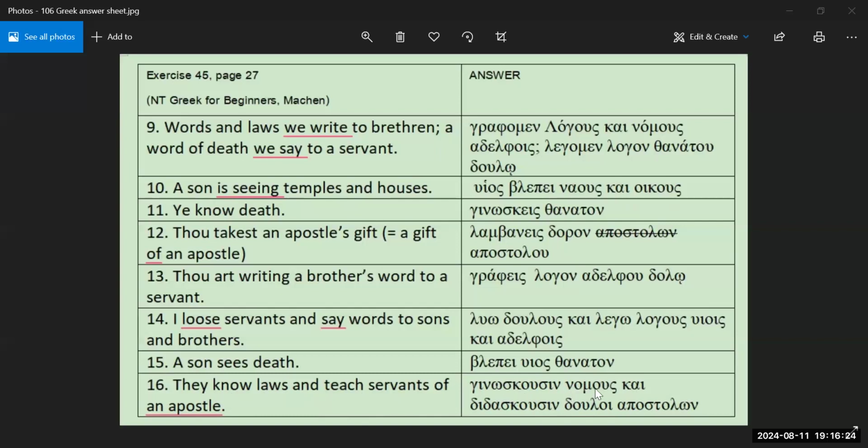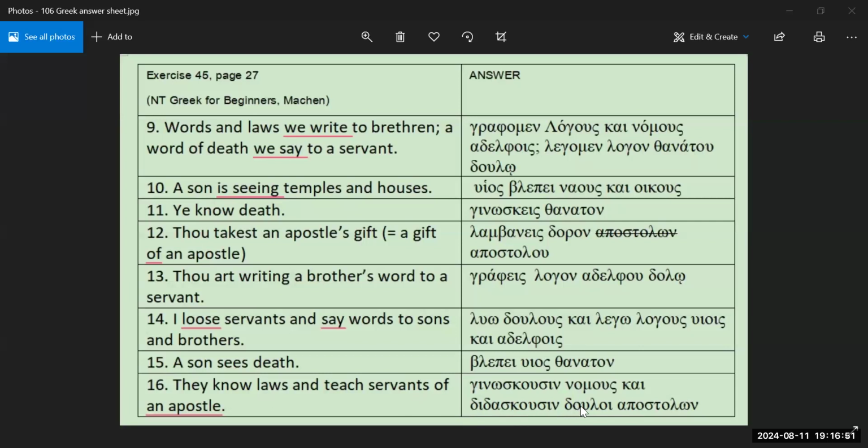So they know laws, kai, didaskousin, and teach. So they know laws and they teach. You could say they teach, and they're teaching the servants. So this and this, that's right. So that's they teach servants.